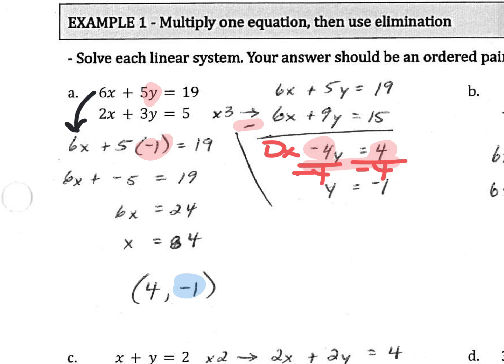Now, all the way down, I just simplify. 5 times negative 1 is negative 5. Then if I add 5 to both sides, plus 5, plus 5, the 5's go away on the left side, and I get 24 on the right side, and then I divide by 6. I get x equals 4.